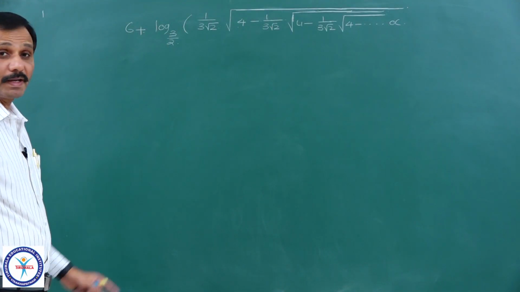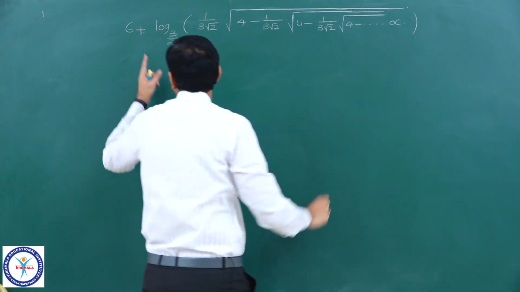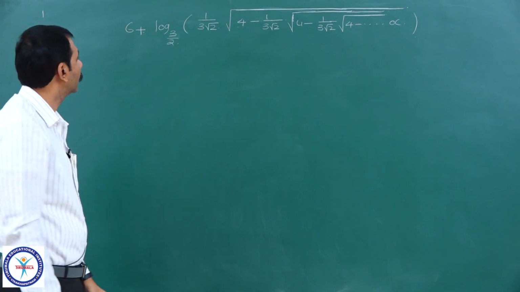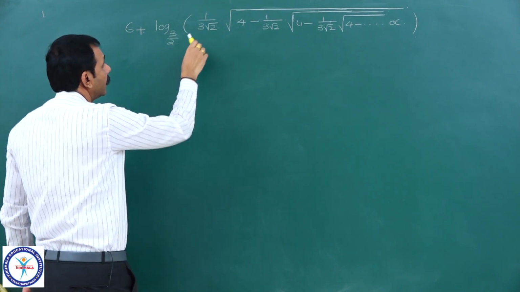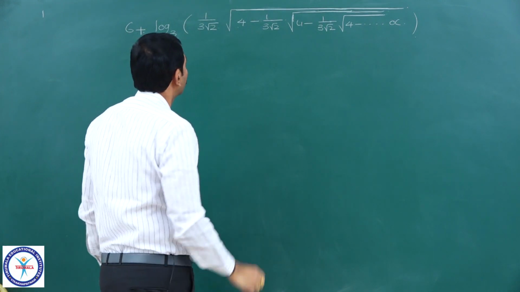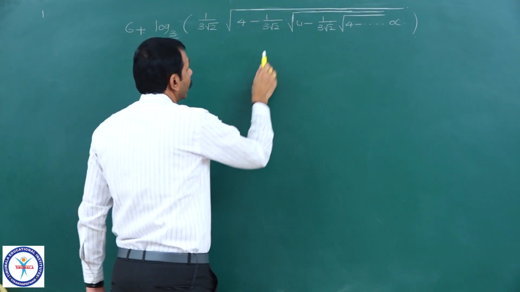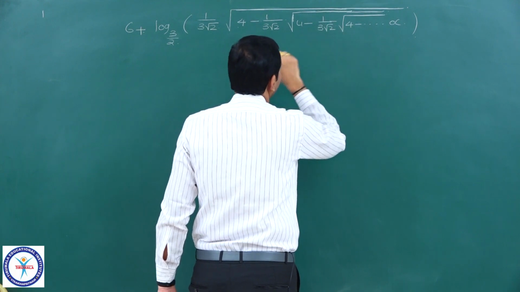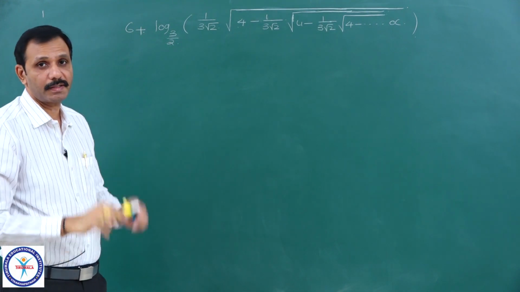Observe this problem, a previous JEE question. 6 plus log base 3 by 2 of the number 1 by 3 root 2 into root of 4 minus 1 by 3 root 2 into root of 4 minus 1 by 3 root 2 into root of 4 minus, and so on, infinite terms are there.